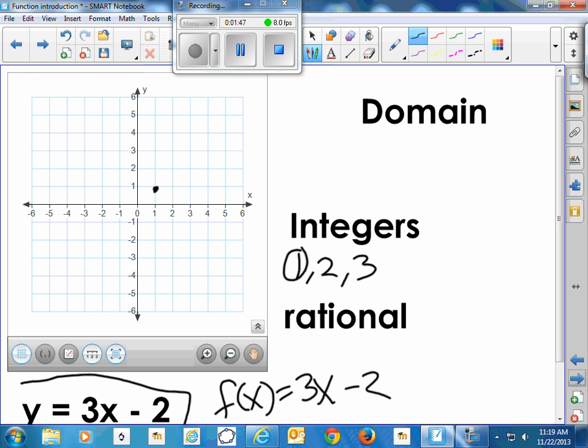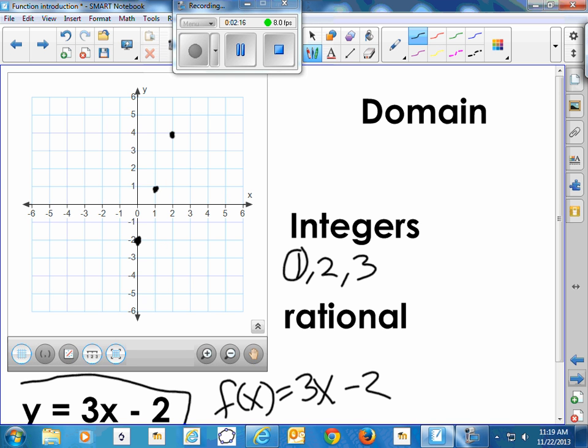When x is 2, 3 times 2 is 6, minus 2 is 4. So when x is 2, y is 4. So for integer values, we will have points on a graph. If x is 0, 3 times 0 is 0, minus 2 is negative 2. You knew that already because you know that that's the y-intercept.